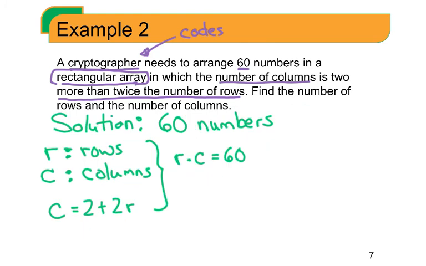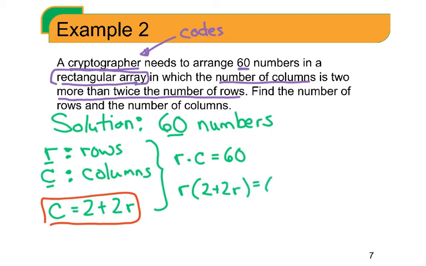Let's see what we can do. We know there's 60 numbers, there are R rows and C columns, but we use the information given to write the number of columns as 2 plus 2R. So really it's R times the number of columns, which is 2 plus 2R, equals 60.